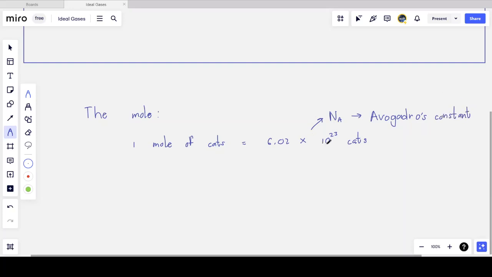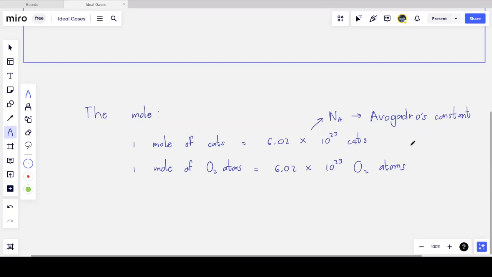We call it N_A, uppercase N with the subscript A. So if I wanted to know the number of oxygen molecules in a sample of gas, I would say 1 mole of O2, in this case the diatomic molecules, would be 6.02 times 10 to the power 23 of that thing I'm counting, O2 molecules in this case.